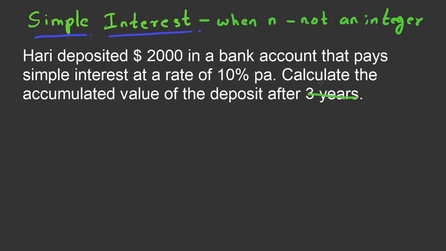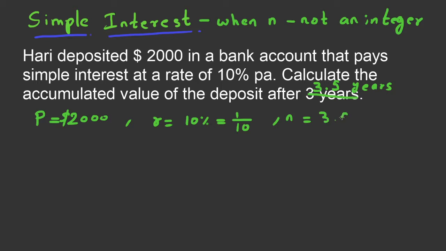Instead of 3 years, I am going to calculate it for 3.5 years. Again, what is given? Principal is $2,000, rate is 10%, that is equal to 1 by 10. N is equal to 3.5 years.